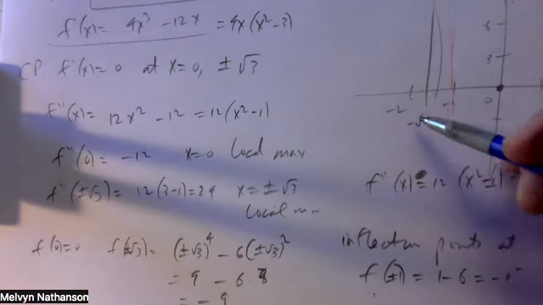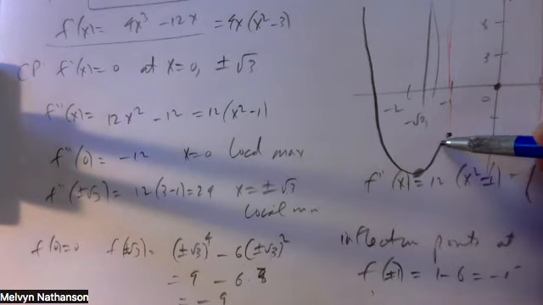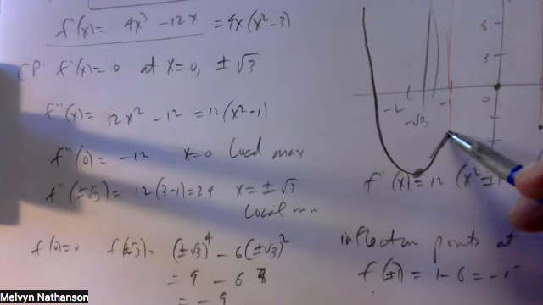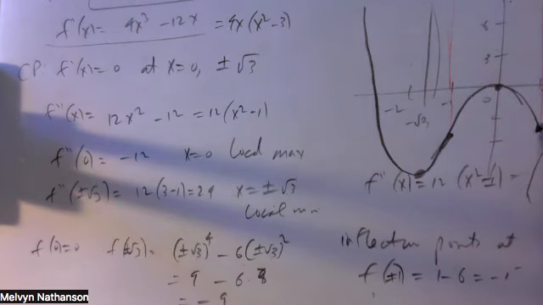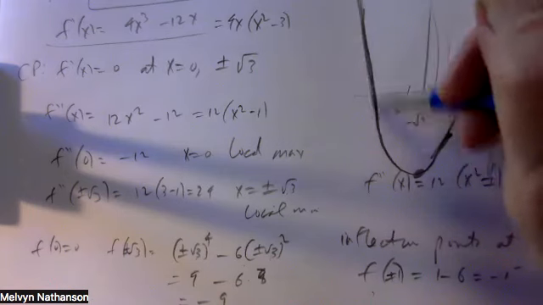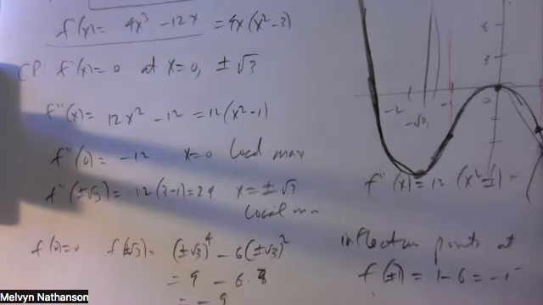So here we have a local minimum. The curve is concave up. Here we have an inflection point, concave down. Here we have an inflection point, and it's concave up again. So this is what our study of calculus gives us.